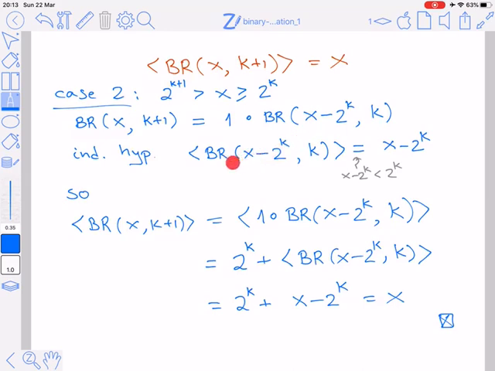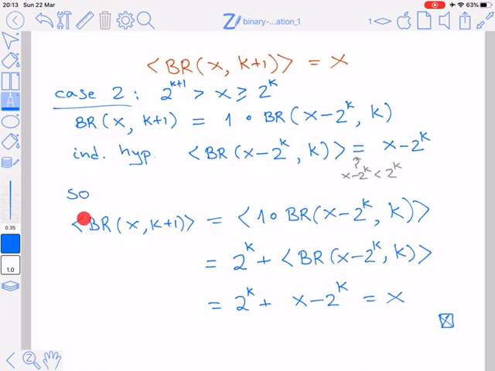The induction hypothesis tells us that this recursive call returns a string that represents x minus 2 to the k. This is the number that is given as a parameter. Why is this true? Because x minus 2 to the k is less than 2 to the k, and this holds because of the assumption that x is less than 2 to the power of k plus 1.